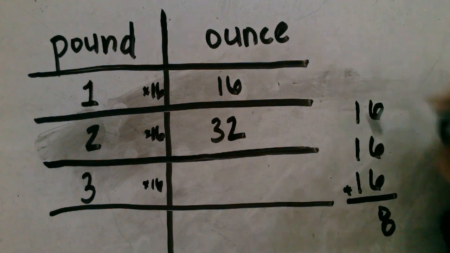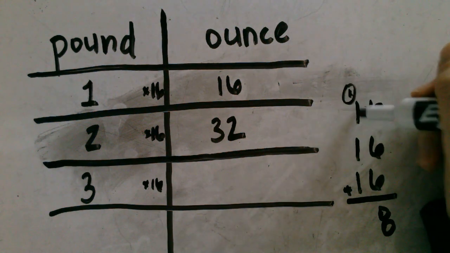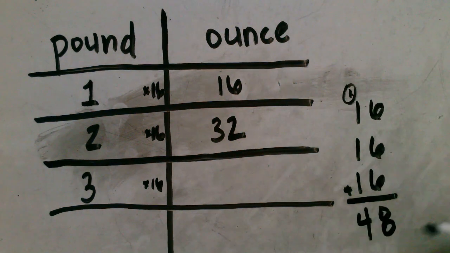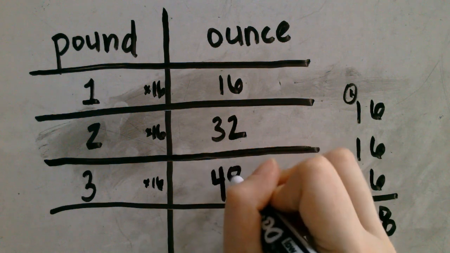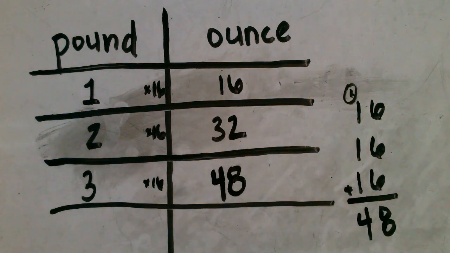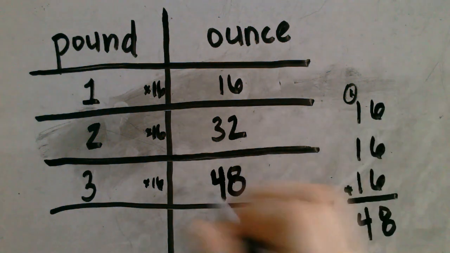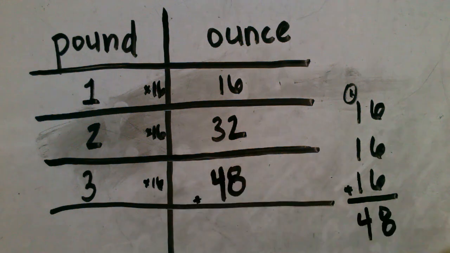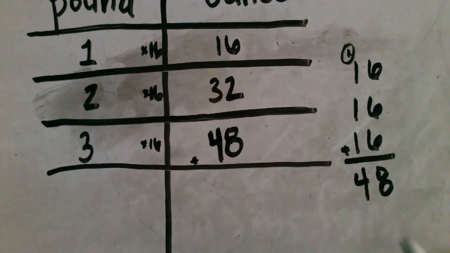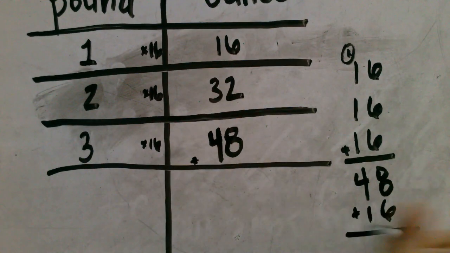6 plus 6 plus 6 is 18. 1 plus 1 plus 1 plus 1 is 4, so 48. We're able to use our chart here to help us find out our different ounces by adding them. Now that we have 48, let's add 16 to 48.